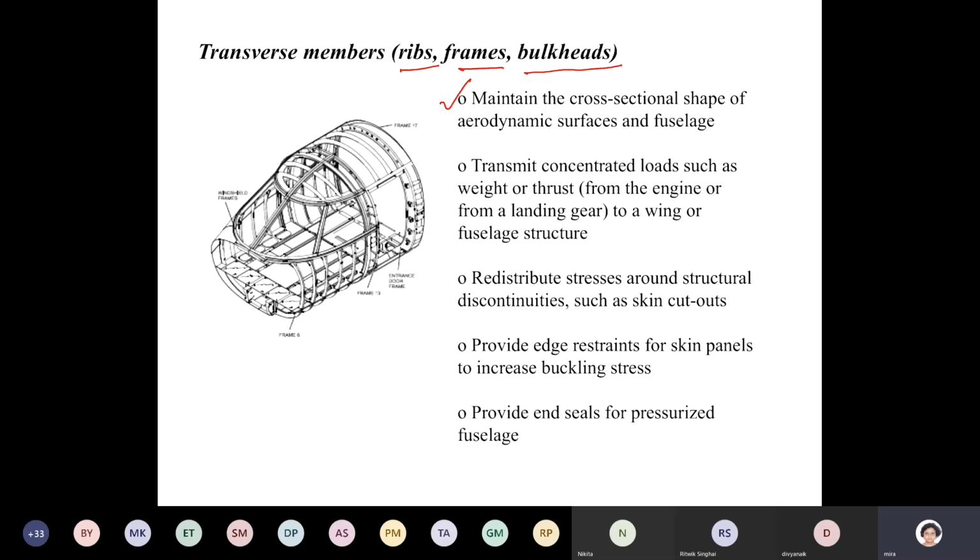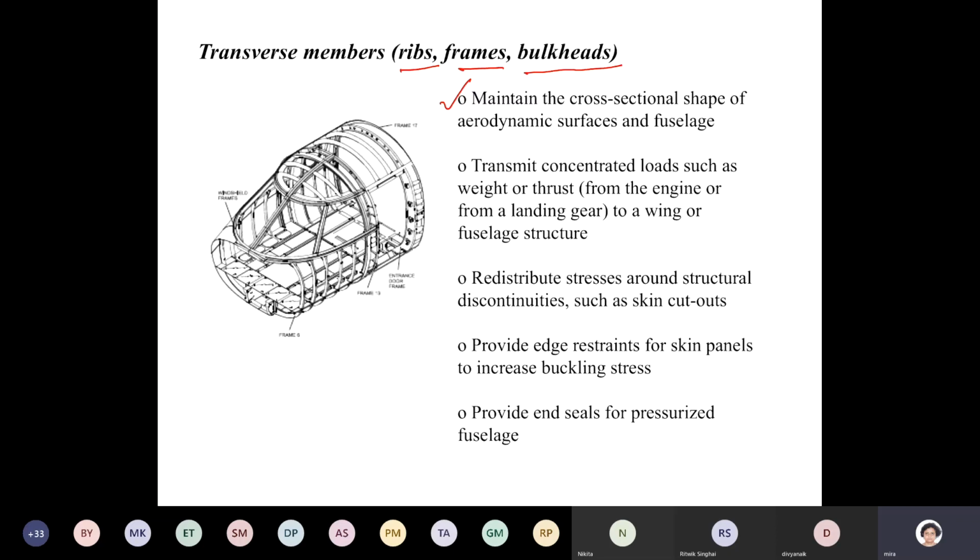Then the third function is to redistribute stresses around structural discontinuities. If there is a cutout in a fuselage or a wing, usually a ring, rib or bulkhead kind of structure is placed in those regions of cutout. Of course, they also provide edge restraint for skin panels to increase buckling stresses.